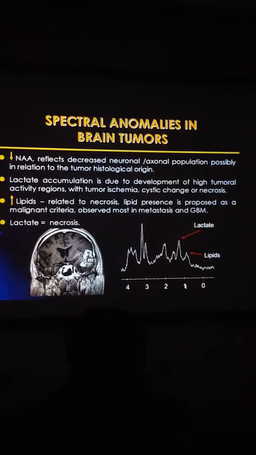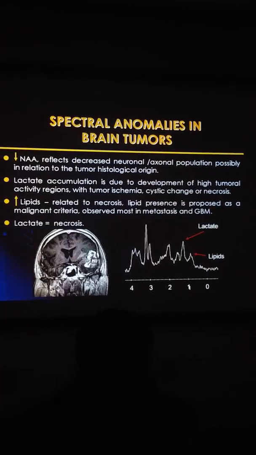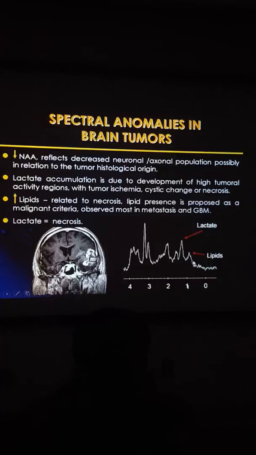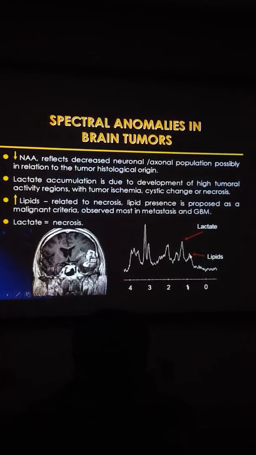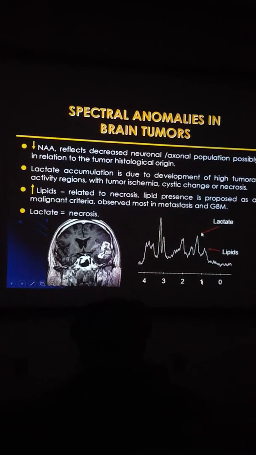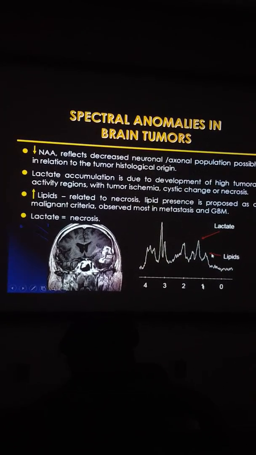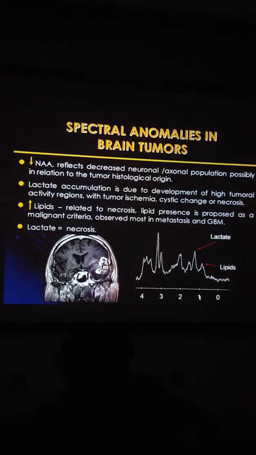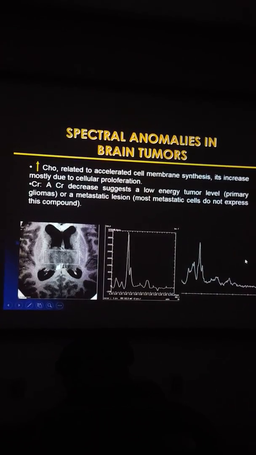Okay, so that is an indicator of neoplasm. Presence of lactate and lipids is always pathologic. So if you're seeing peaks in 1 part per million to 1.6 parts per million, then this is abnormal, and it's going to have a correlate in the lesion.